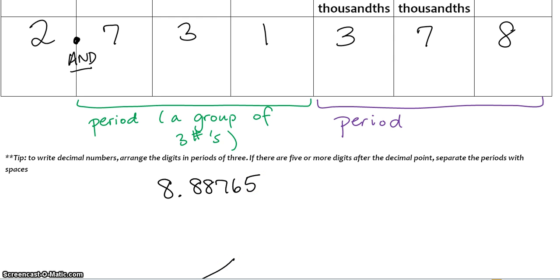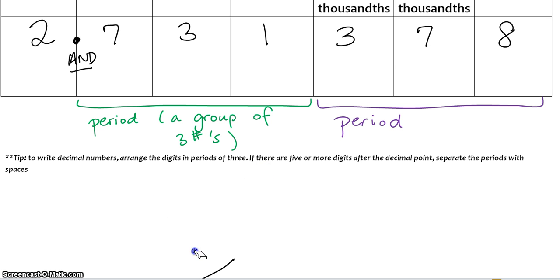But we want to distinguish between periods. So when you're writing a decimal number that has 5 or more digits, I would even say if you have 4 as well, notice you have 1 period there and then I have a space between the 7 and the 6.